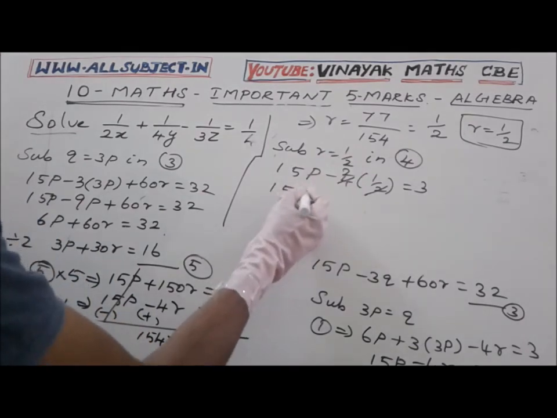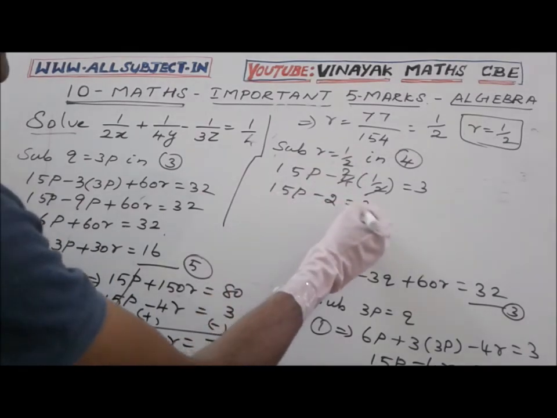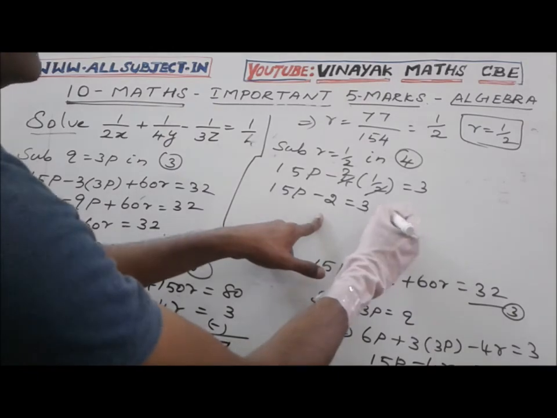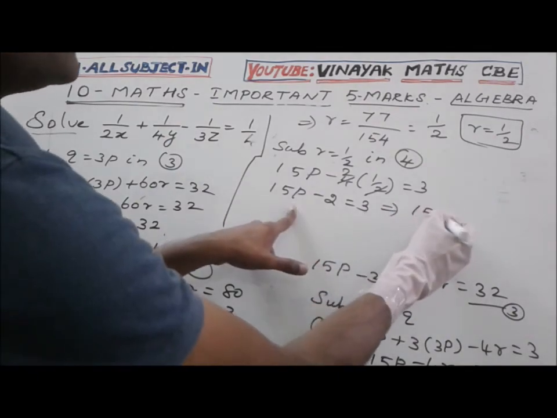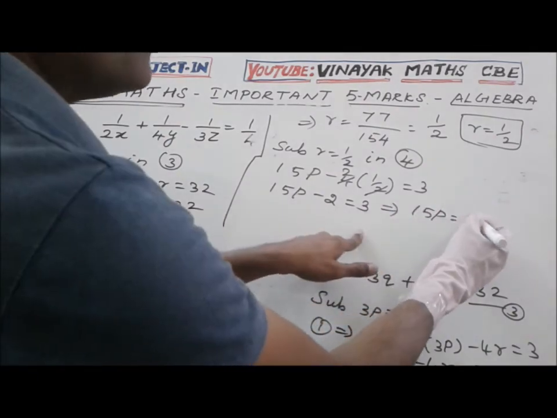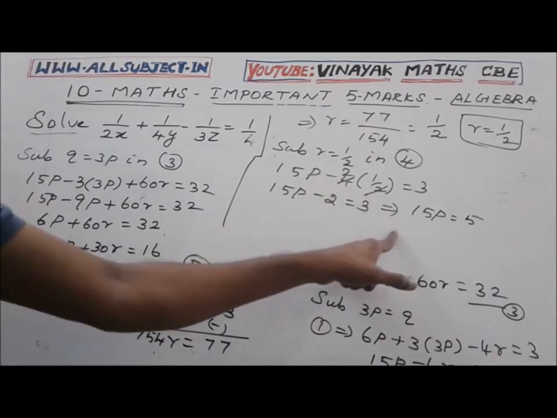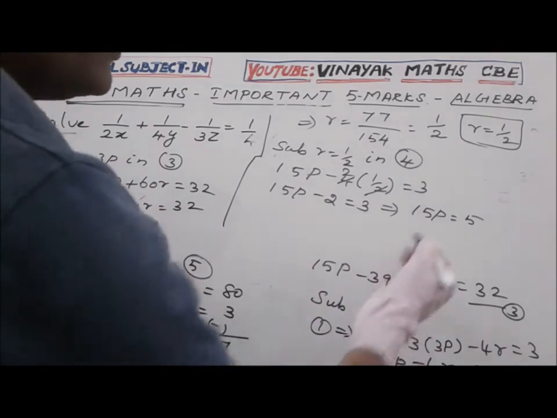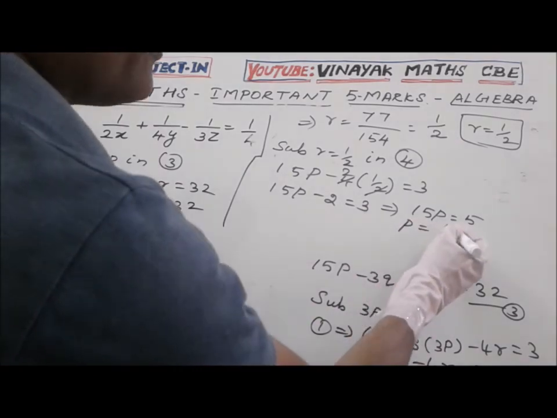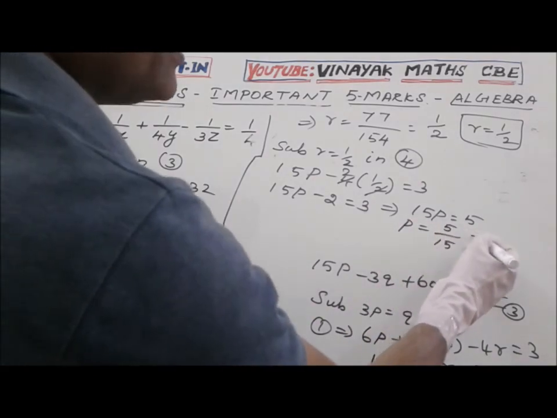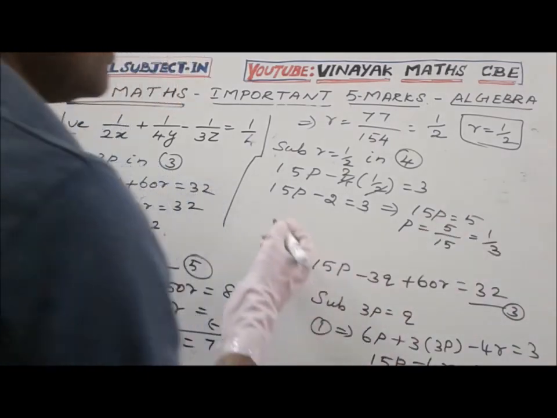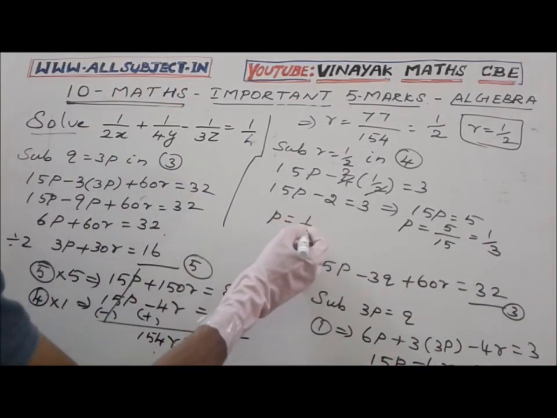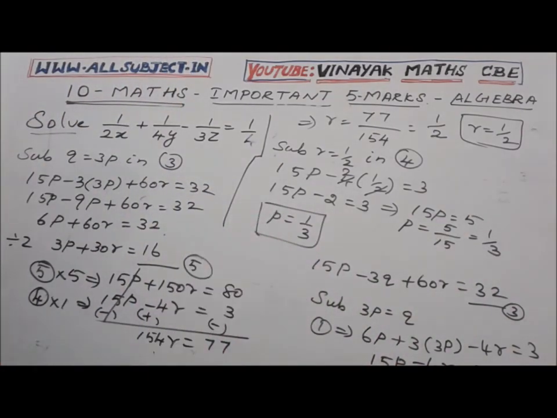So 15P minus 2 equal to 3, which implies 15P equal to 3 plus 2, that is 5. Which implies P equal to 5 by 15, that is equal to 1 by 3. So we have found another value, P equal to 1 by 3.